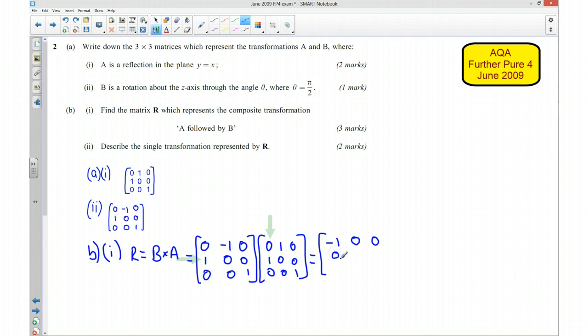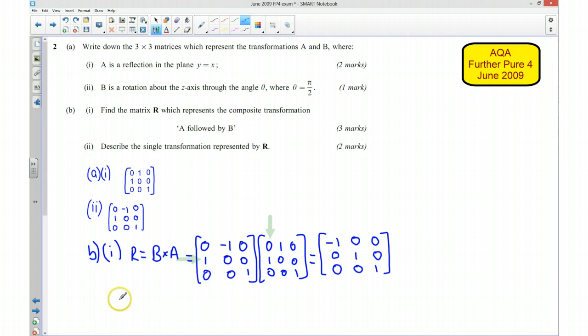I'm going to just pop in the rest of the answers, so that's 1, 0. And there you go. So that's going to be the matrix R, which represents transformation A followed by transformation B, and we did B times A to work this out.